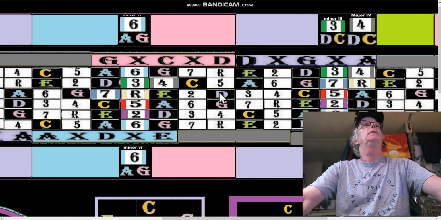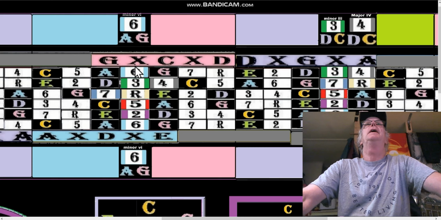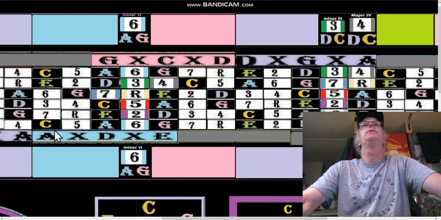Okay, so let's move along to the A and the G shape. The A and the G shape share the 6th. The way we see that is on the bottom string, so don't worry about the C here. Worry about 5, 6, 7 root 2.